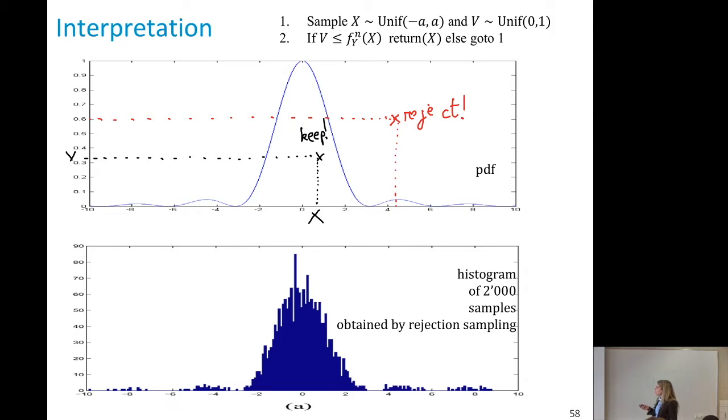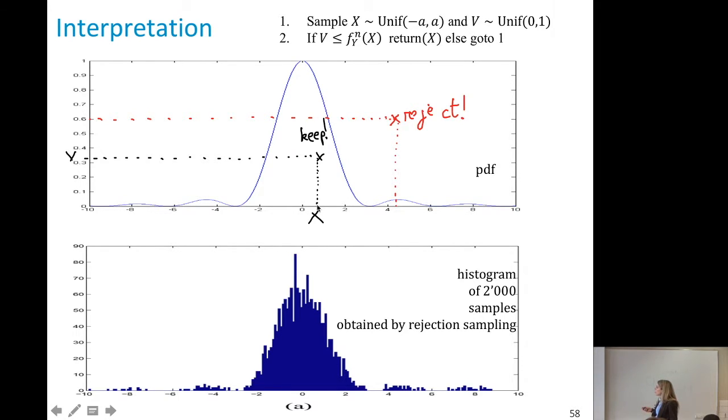So here we put v in this axis, so it will be uniform between 0 and 1. So let us assume that is here, the v we obtain, the sample of v. And then we also take a sample of x between minus a and a. Here we have minus 10 and 10 instead of a. And let us assume that the sample of x we obtain is here.